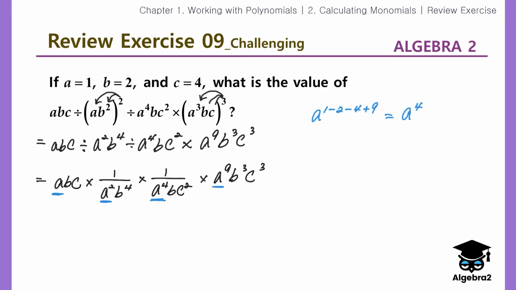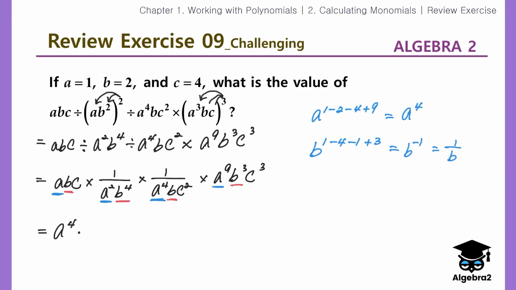That's going to be negative 6, negative 5, positive 4. So we have a to the 4 times, let's look at b. b, 1 over b to the 4, 1 over b, b cubed. So b, 1 minus 4 minus 1 plus 3. So that's going to be b to the negative 1, that's 1 over b.